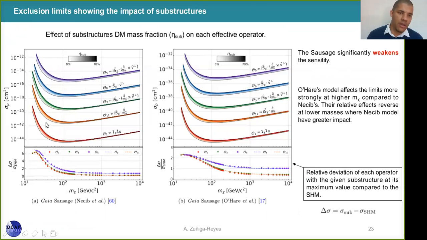And the gradient shows how the dark matter fraction in the substructure changes. And below each plot, there is a relative difference plot that shows the relative deviation of each operator with the given substructure at the maximum value compared to the standard halo model.